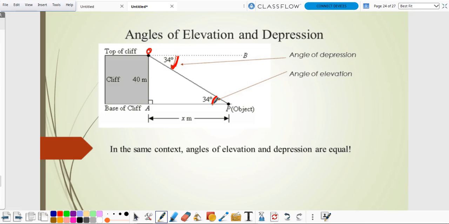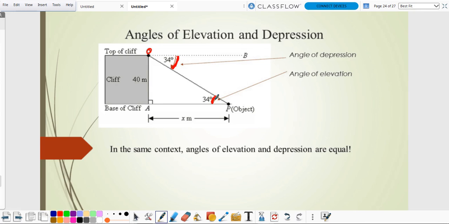So angle of depression and angle of elevation are actually the same, depending on what part you're looking at. If you're up here, this 34 degrees is the same as if you were down here looking up. They're exactly the same.